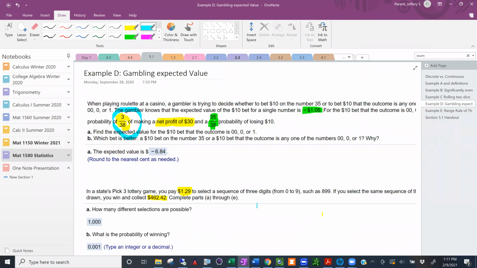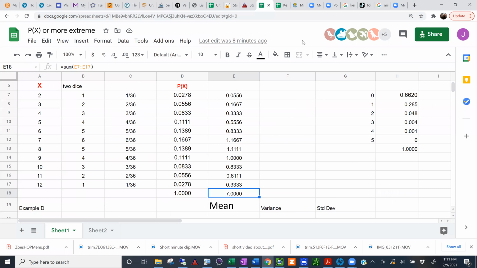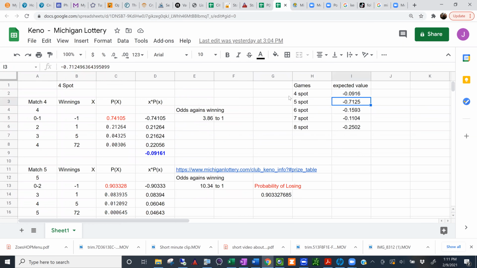I'm going to redo that poll that we did earlier, but I want to share with you some results here. And the results are from actually analyzing the game of Keno. So I did it for the 4 spot, 5 spot, 6 spot, and 7 spot. And here are the expected values for each of these.